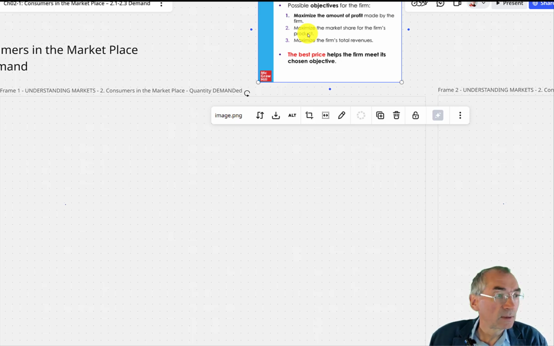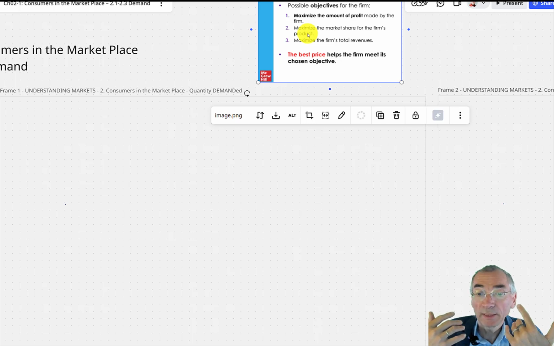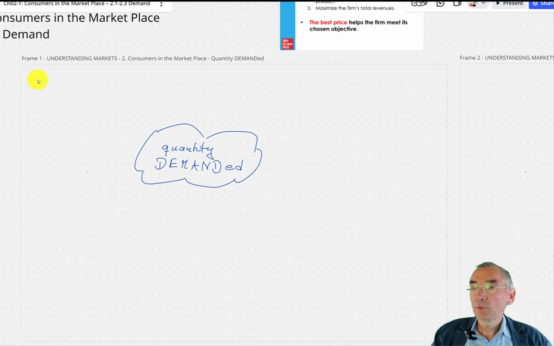So what we want to know is, how is the quantity that people buy, the quantity demanded, determined? What are the factors that make us buy a specific good and make us buy a specific amount of these goods?